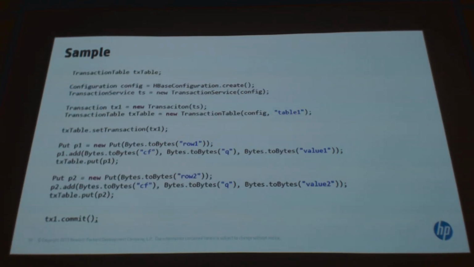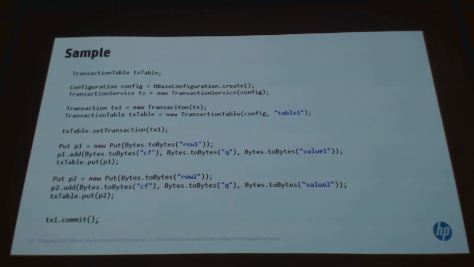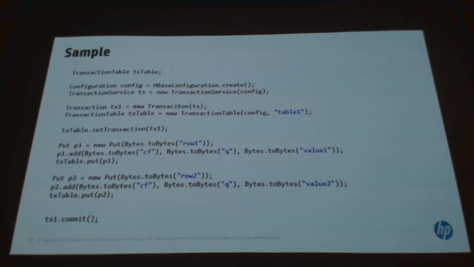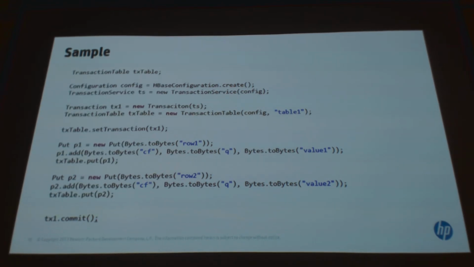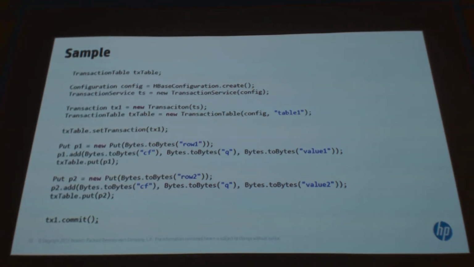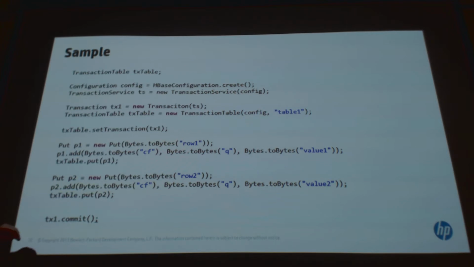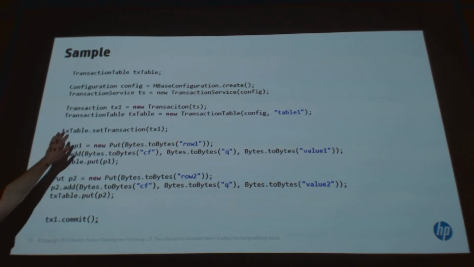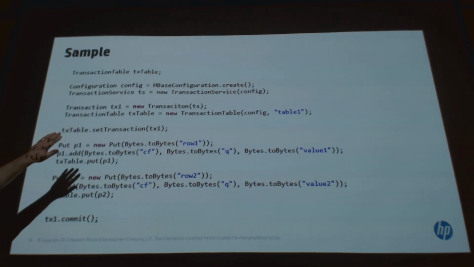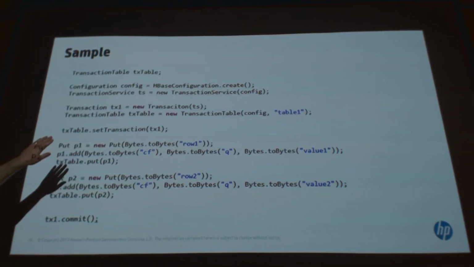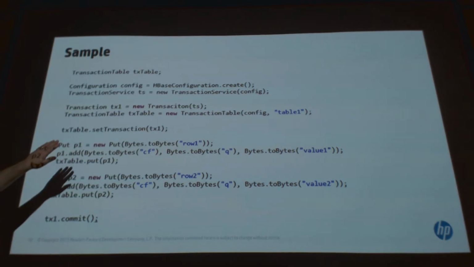Okay. So this is our sample code here. Things I really want to highlight in this are, if you look at the third line down, we're instantiating a transaction service object, and then we create a new transaction.